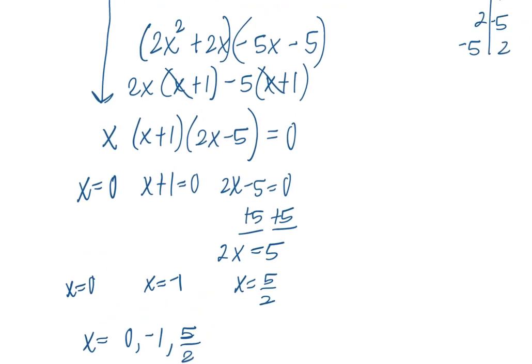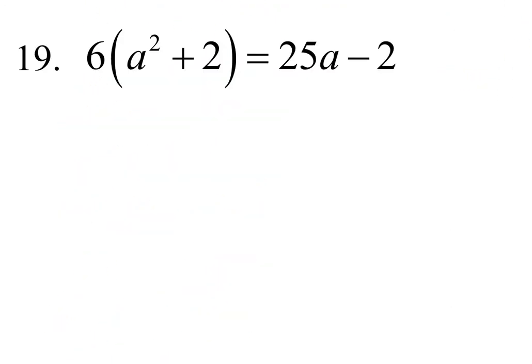Yes, I do. Okay. Number 19 is not set equal to 0. But before I start moving things over, each side of that equal sign needs to be simplified. And on that left side, I need to clear the parentheses. So I distribute that 6 to both of those. So now I can set it equal to 0.